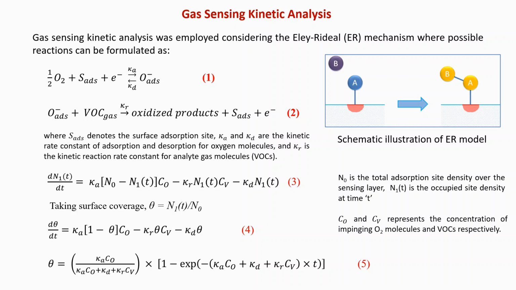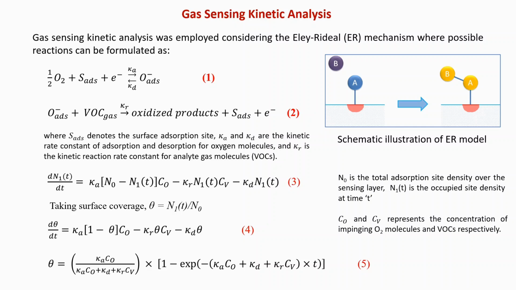Later, when the VOC comes into exposure with the sensor surface, the VOCs and the adsorbed oxygen react, depending on the kinetic rate constant, to make oxidized products, and again donate electrons to the sensor surface. This way, the conductivity of the sensing surface changes, and we can utilize this for the development of the model.